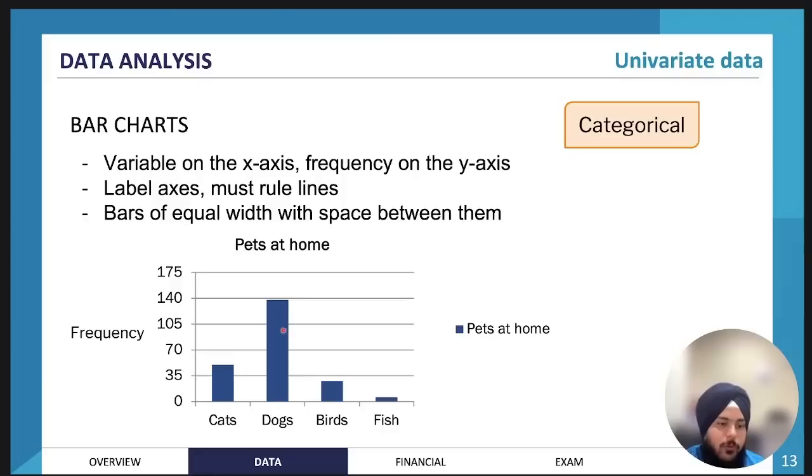We can easily tell from this graph that dogs is the mode, or the highest frequency. So most people have dogs in our sample, and if we were to estimate how many, we can approximately say around 138 or 139. So bar graphs are really good for visually depicting frequencies of data.